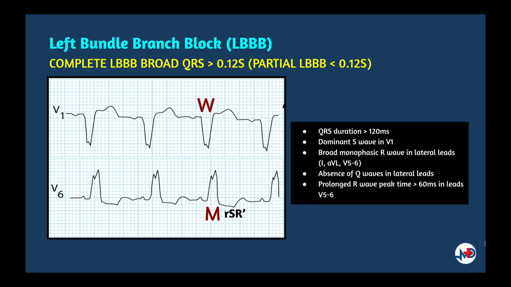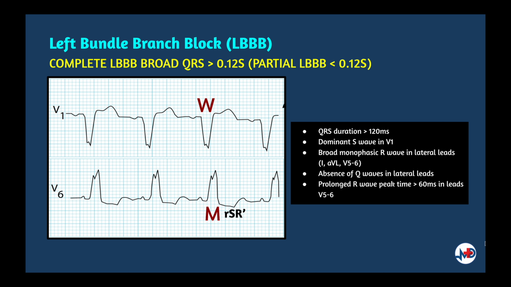Next would be left bundle branch block. Similarly here, the QRS duration has to be more than 120 milliseconds. There will be a dominant S wave in V1 as shown here, a broad monophasic R wave in lateral leads, absence of Q waves in lateral leads, and prolonged R wave peak time, which is more than 60 milliseconds in leads V5 to V6.